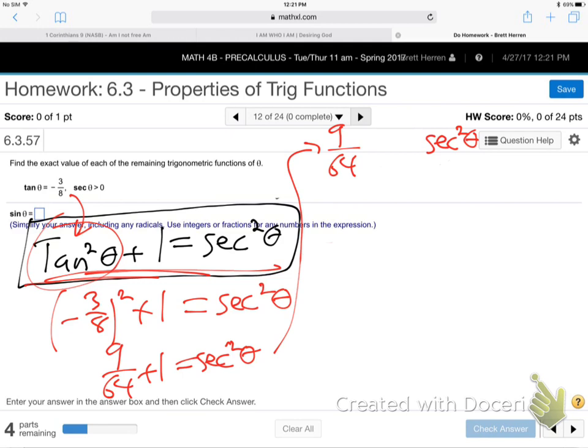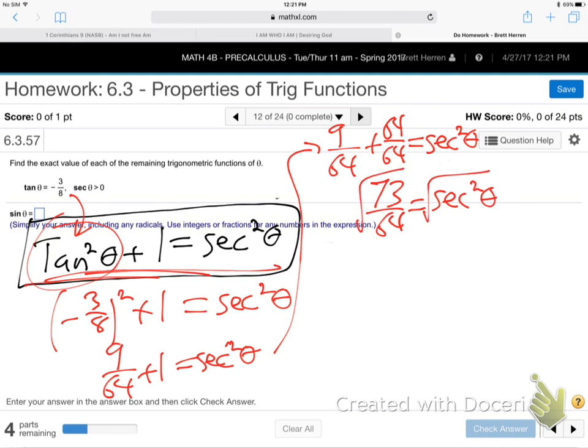Make it 64 over 64 again. Which is what? 73 over 64 secant squared. And then root it up and down the ladder, plus or minus root 73 over 8 is the secant, right? Because you can't root the 73 on the top, so the root stays up there, but you root the 64 on the bottom, making it 8, and the root vanishes from the bottom. So plus or minus root 73 over 8.